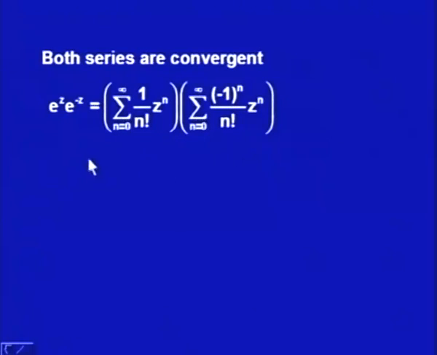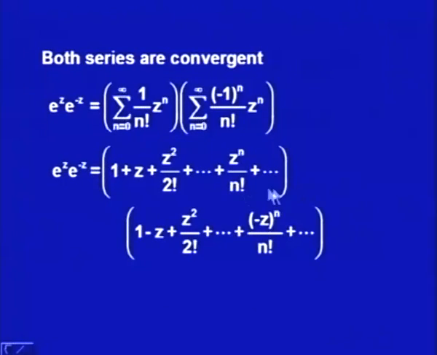If we multiply them, we have the series in expanded form for e^z and the series in expanded form for e^(-z). We first multiply 1 by this, plus z times this, plus z squared by factorial 2 times this and so on. This way we multiply the two series and then collect various terms.